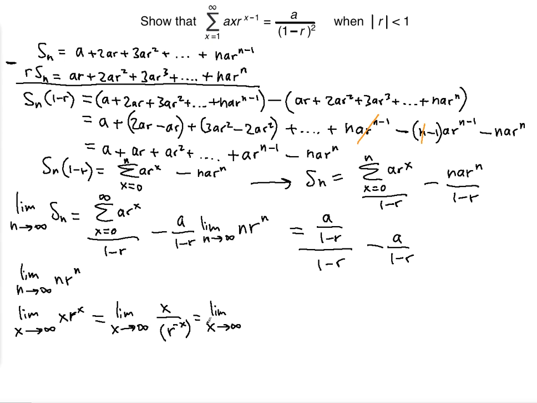And why am I using a function of x instead of n? Because we're probably going to use L'Hopital's rule, which allows us to find the limit only if we're using a function, a continuous case, not the discrete case. So we'll get this, r minus 1 to the x. Again, you can't evaluate this.